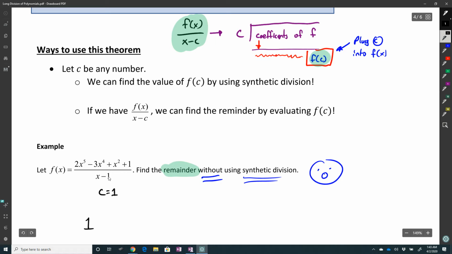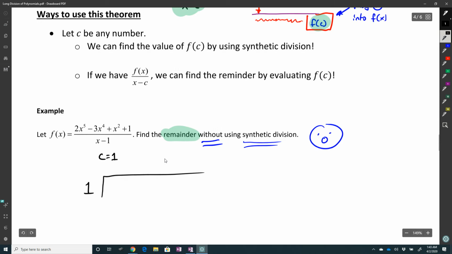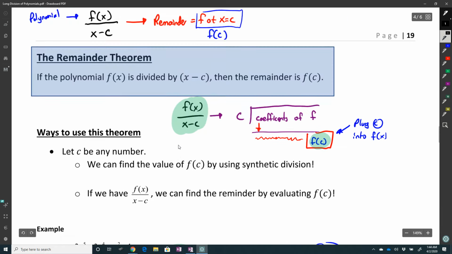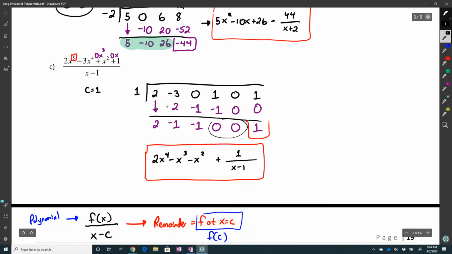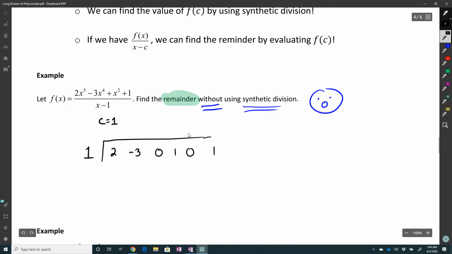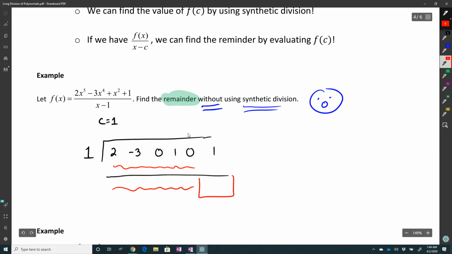I already know that if I work this out, this is the problem that I did earlier. Okay, so from the previous page, I already know my answer is going to be 1.